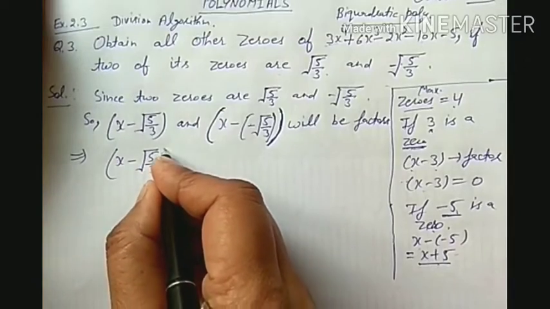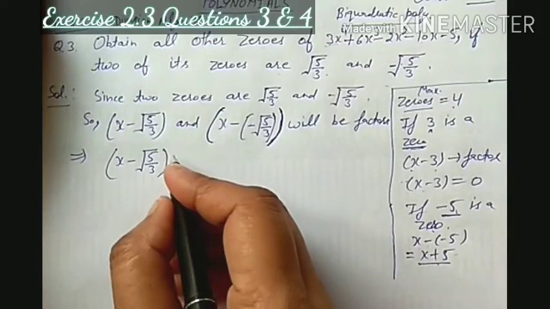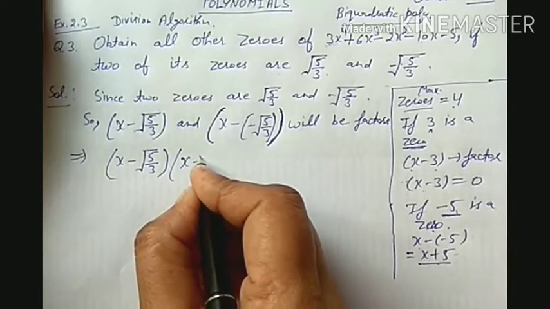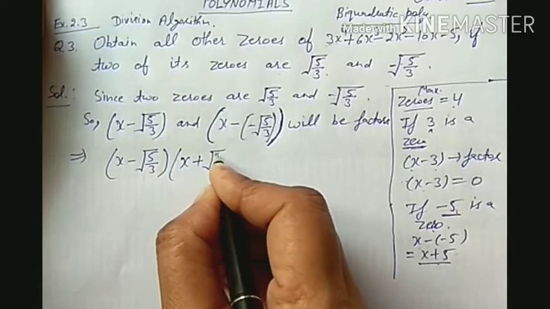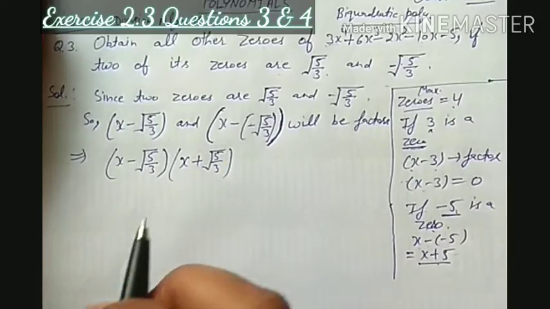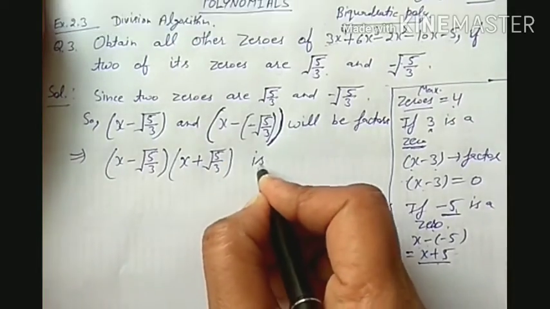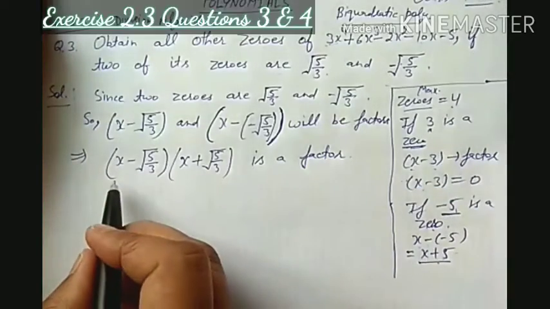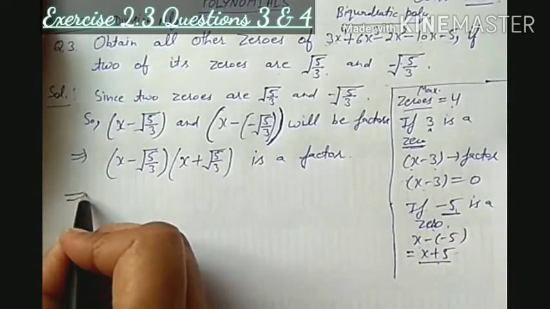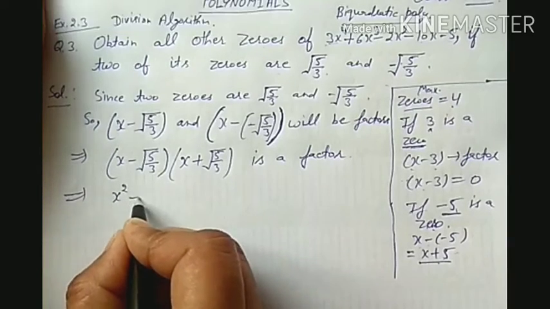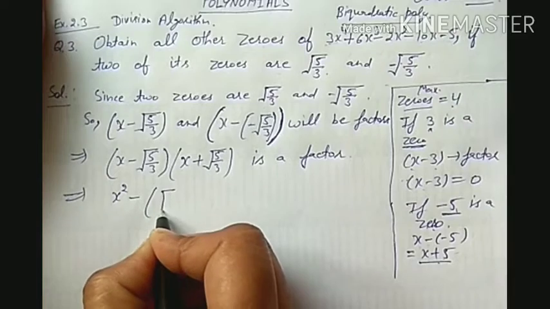We can write x minus √5/3 as it is, and it will be equal to x plus √5/3. This is a factor. And you know a minus b and a plus b is equal to a square minus b square.